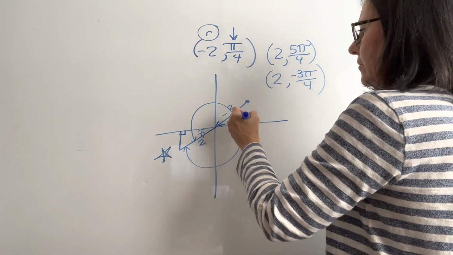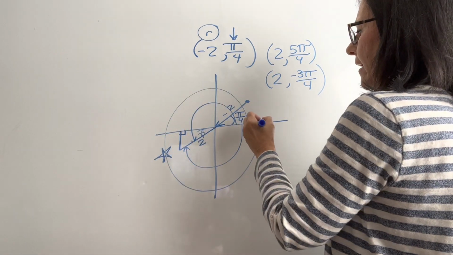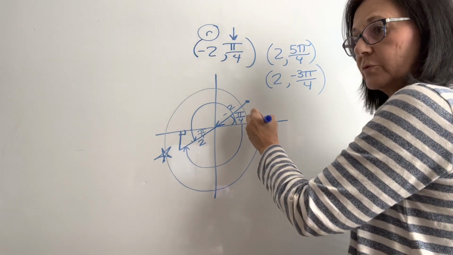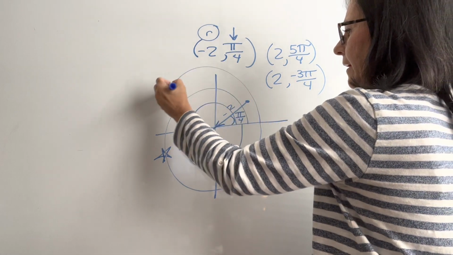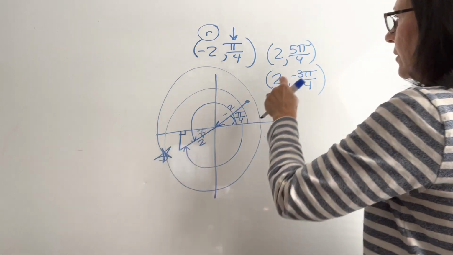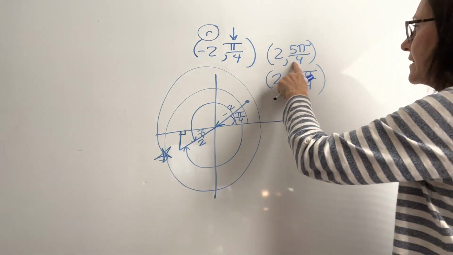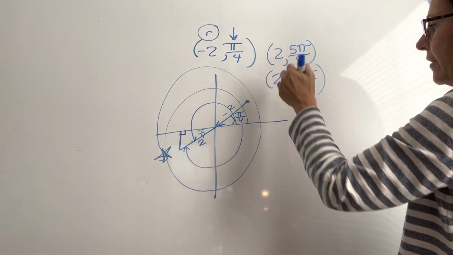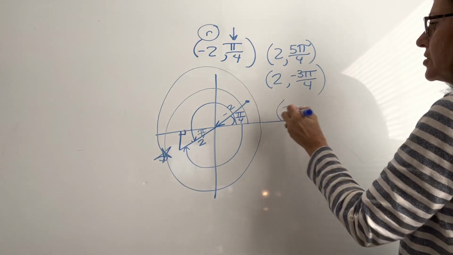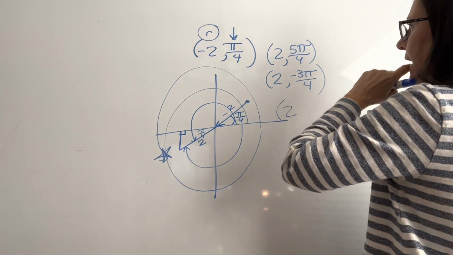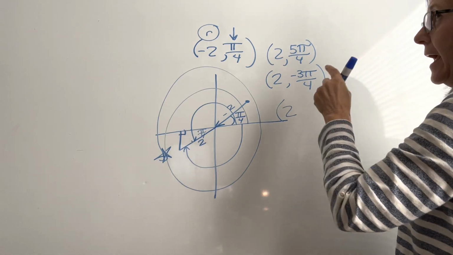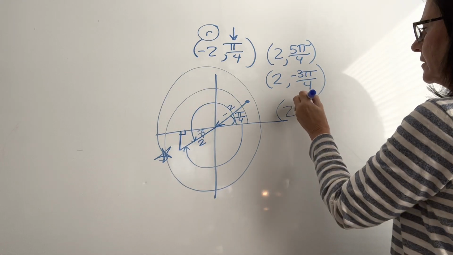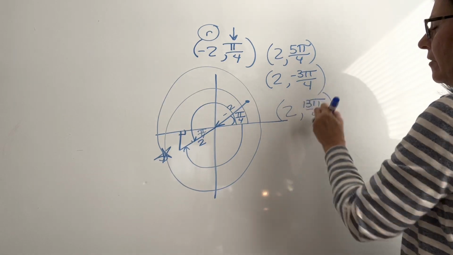I could go around once, which would be 2 pi, and back to here. So I would just add 2 pi to this, which is 8 pi over 4. So it would be 2 and 8 and 5 is 13. 13 pi over 4.